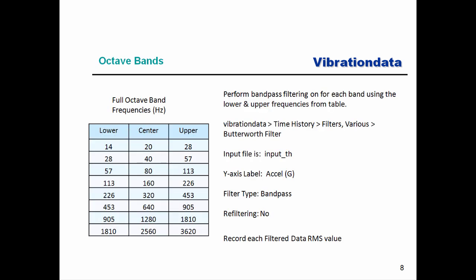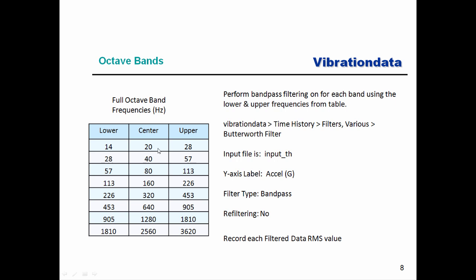Now, the next thing we're going to do is get into the successive bandpass filtering exercise. I've got a table here on the left, called the full octave band frequencies in hertz. For each octave band, there's a center frequency, as well as a lower band frequency limit and an upper band limit frequency.